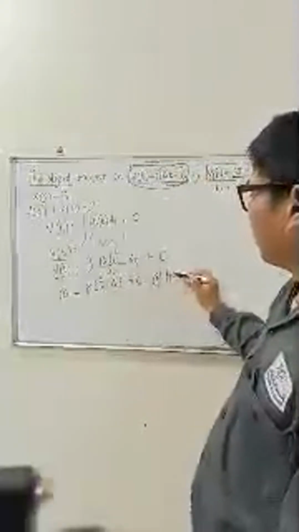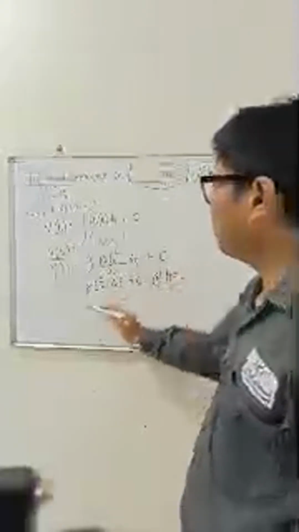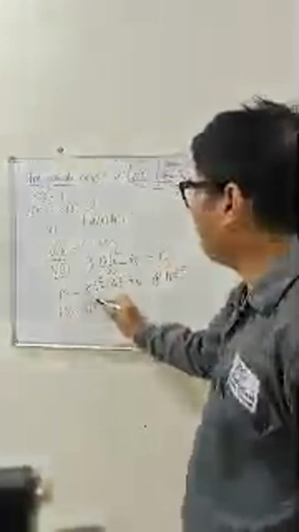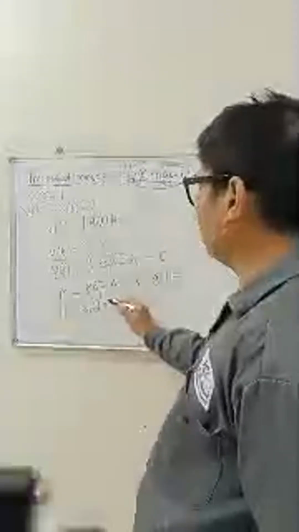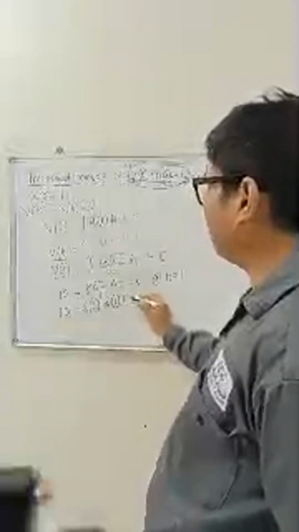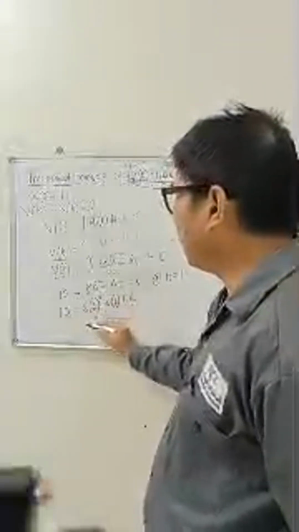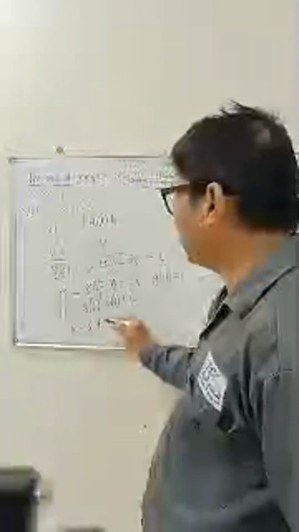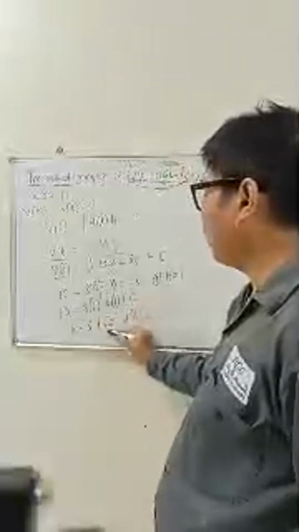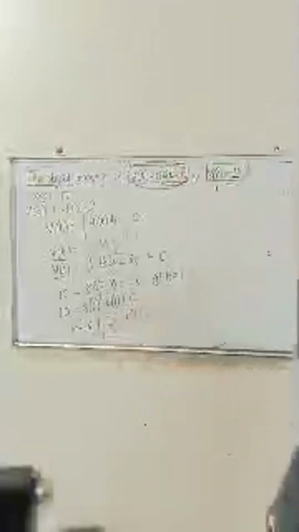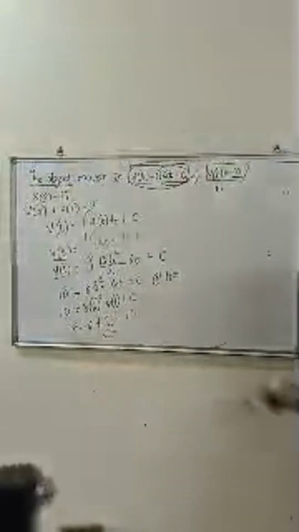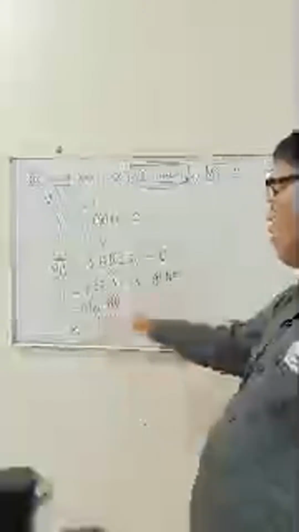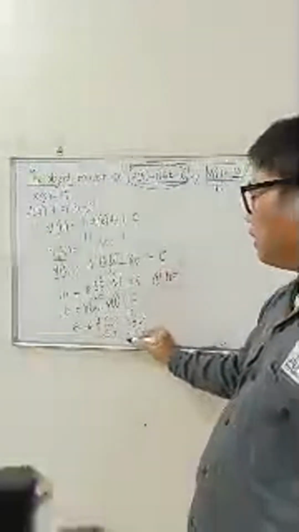At t equals 1, substitute: 10 is equal to 8 times 1 raised to the power 2 minus 6 times 1 plus c. So 8 minus 6 is 2, then transpose: 10 minus 2, so c is equal to 8.